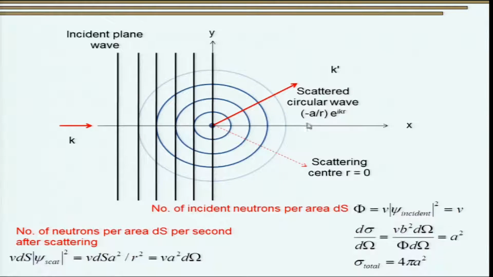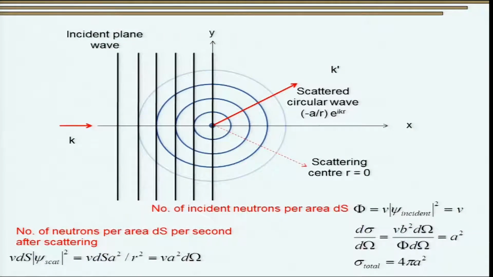So, depending on the scattered circular wave amplitude, we are going to get d sigma by d omega, and as you can see, the total scattered neutrons over the solid angle, once you integrate, is 4 pi A squared. This term is very similar to the surface area of a sphere, since we are considering all spherical waves.